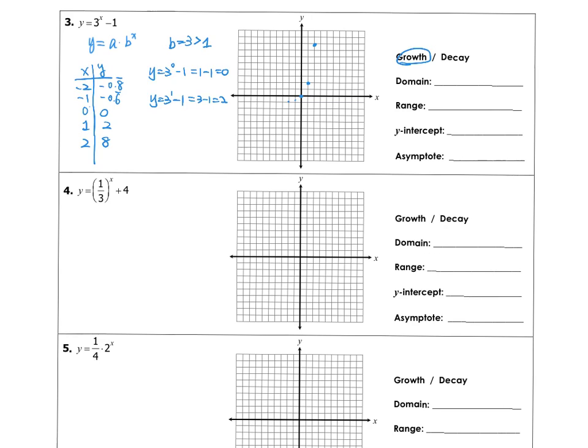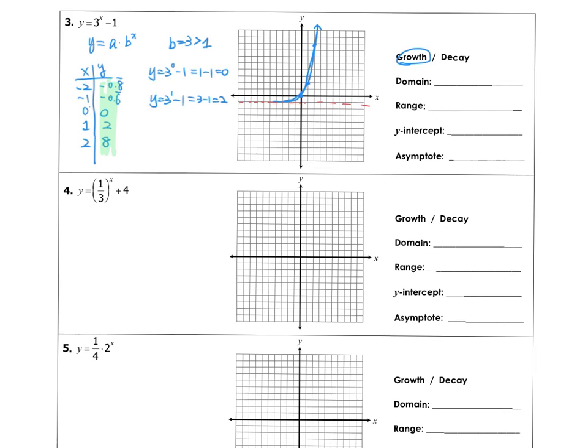So if I have to graph this one, it will be like this. It's not the prettiest graph. Okay, so from this you can tell, look at this here. It's approaching negative 1. That's my asymptote, but it will never cross that line.